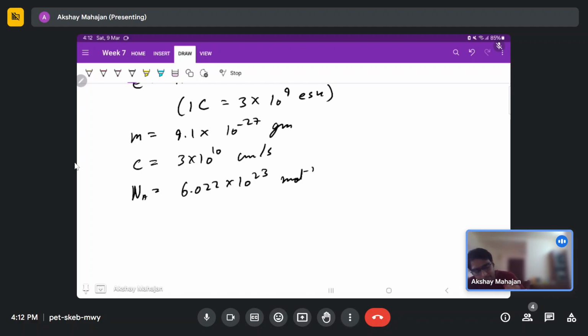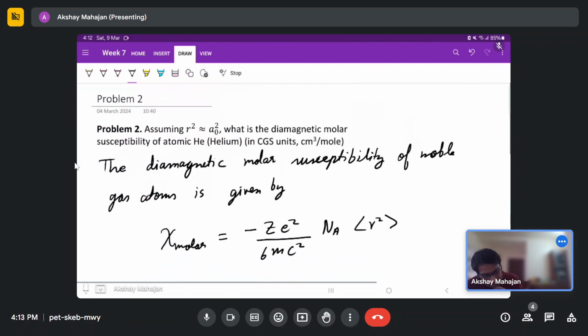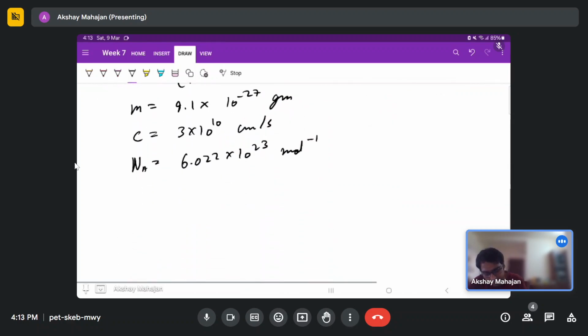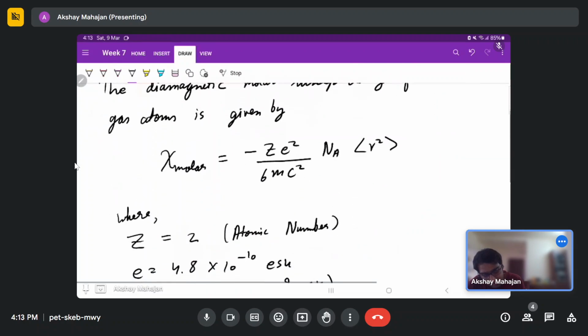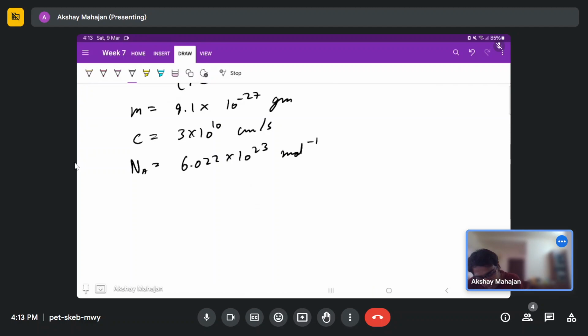That is the number of particles per mole, but we need to find the molar susceptibility. So that's why we have Na in our formula. This is the total number of particles per mole, or total number of electrons, you can say, or spins.